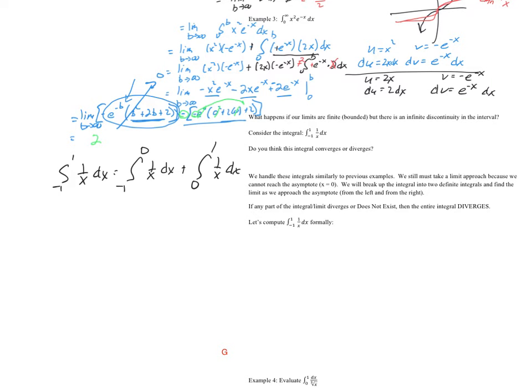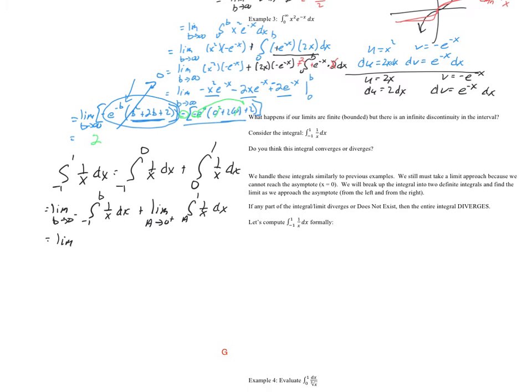And then we can take our limit as b approaches 0 from the left, from negative 1 to b of 1 over x dx, plus my limit as a approaches 0 from the right, from a to 1 of 1 over x dx.